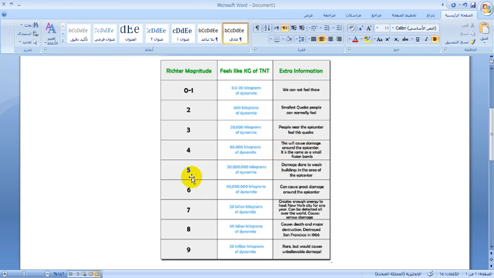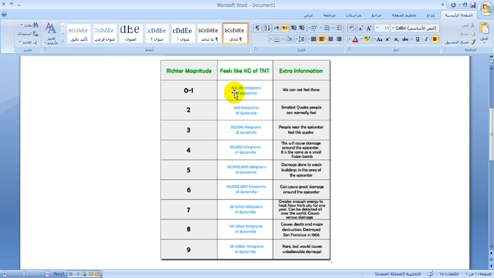While if the number was 5, what happens is in the millions.